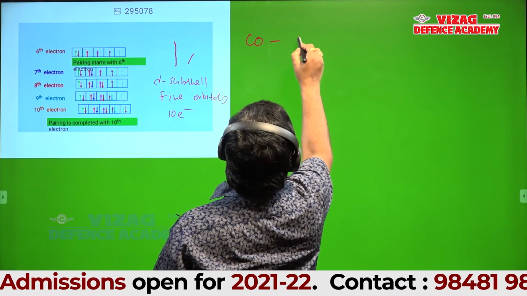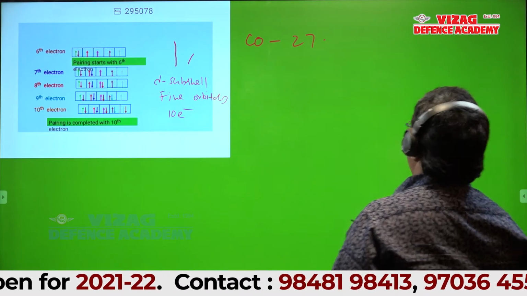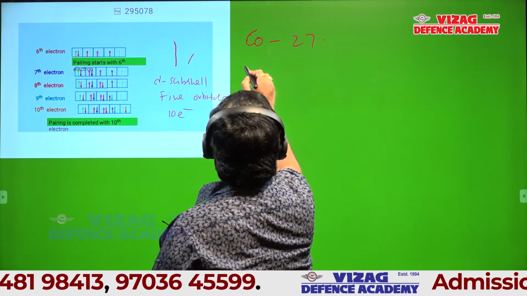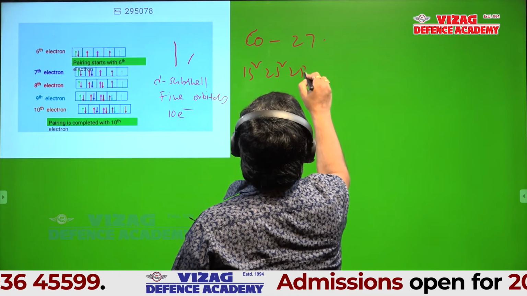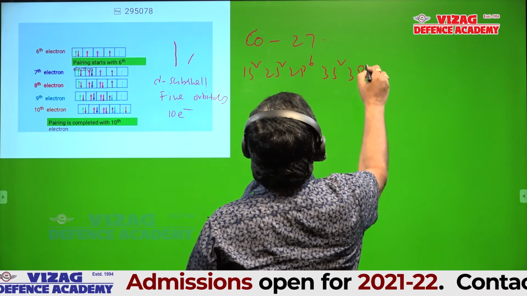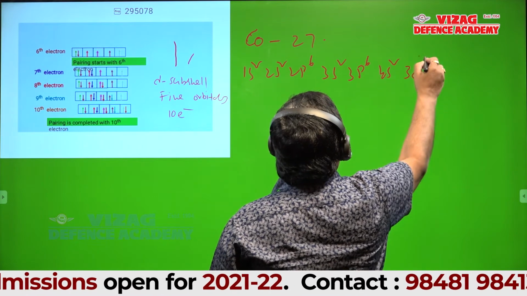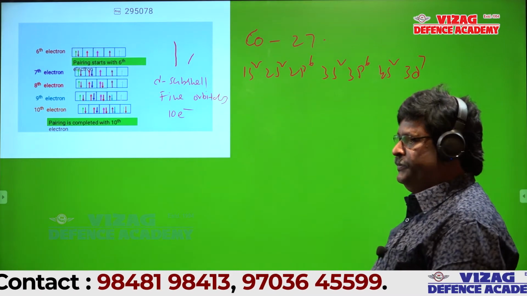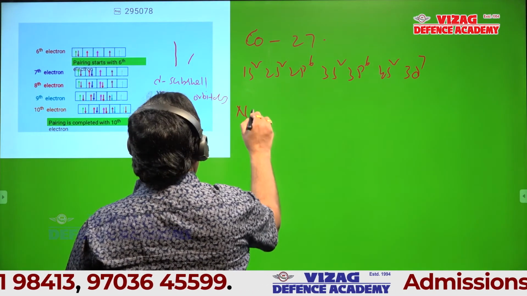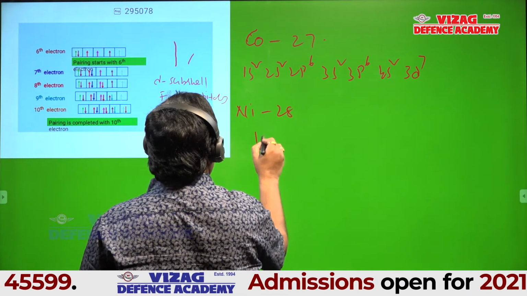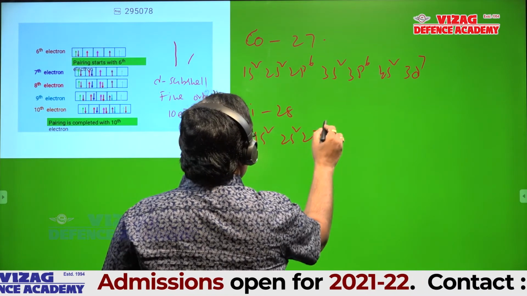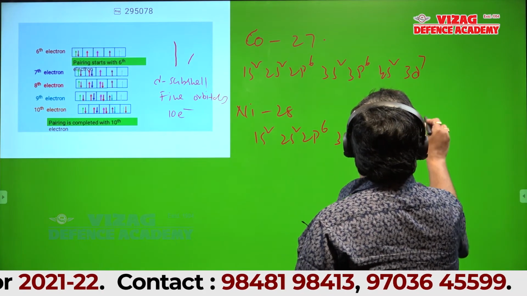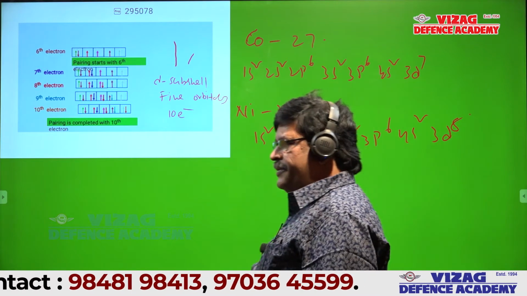Cobalt is 27. So configuration is 1s2, 2s2, 2p6, 3s2, 3p6, 4s2, 3d7. Is it okay, students? Next is nickel, 28. Is it okay?